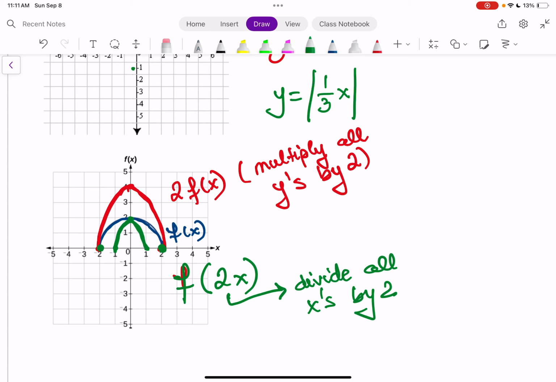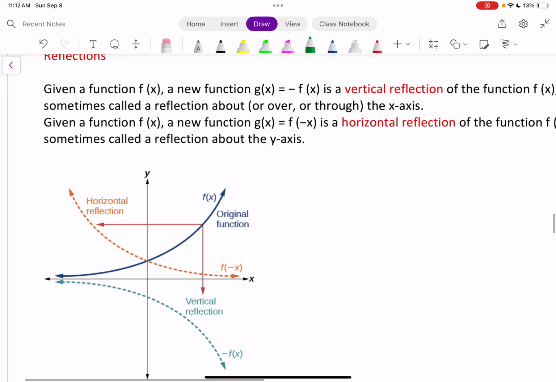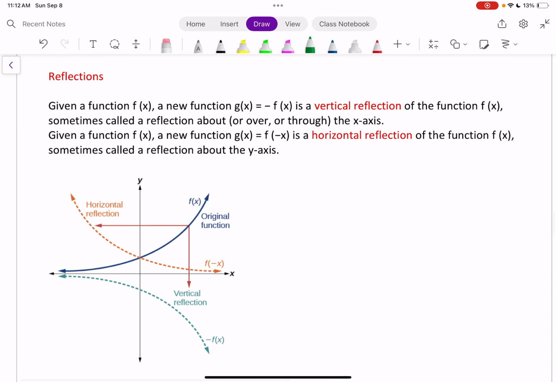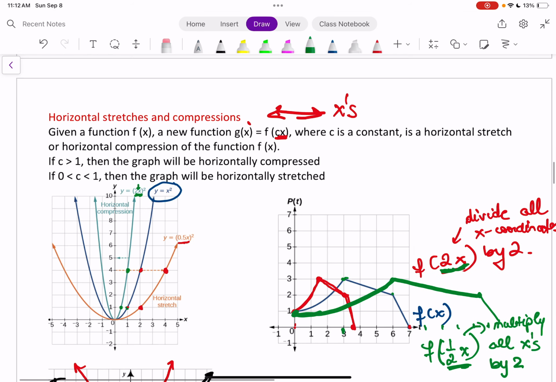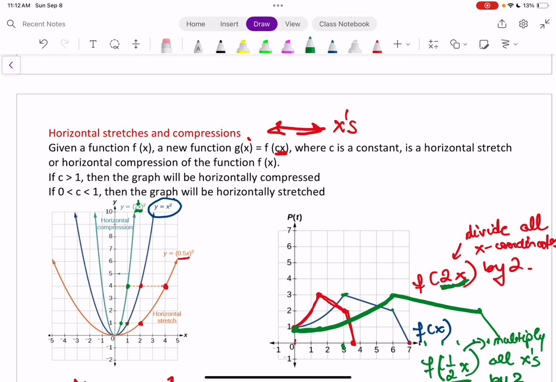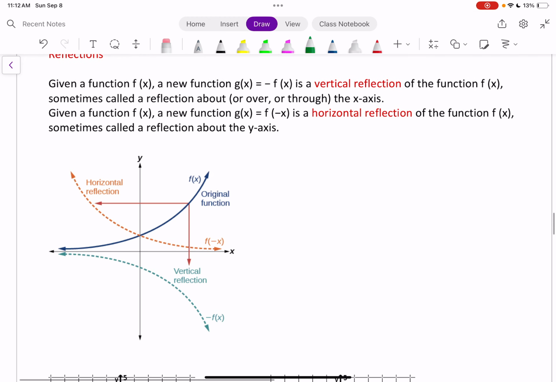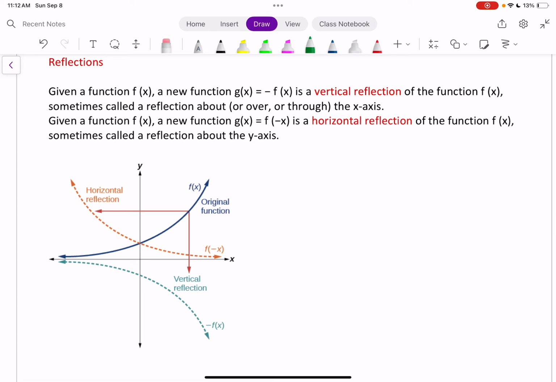All right, reflections is our last transformation, and it's about multiplying by negative numbers. So if you think here, I kept the c values, the values I multiplied both horizontally or vertically, to positive numbers. Now, what if we multiply by a negative? In other words, what happens when you put a negative in front of the f of x's?